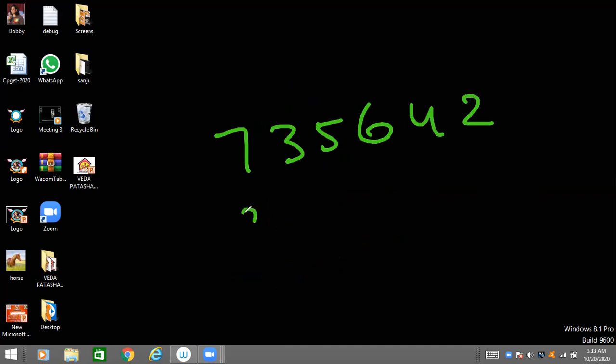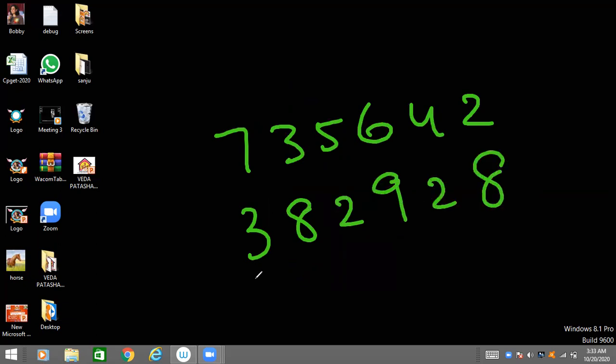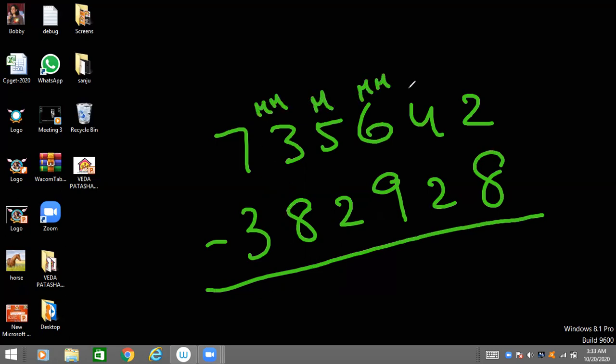You see here 3, 8, 2, 9, 2, 8. For example, if I give like this, 7 minus 3 is 4, but it is a mismatch. It is a match. It is a mismatch. It is a match. And it is a mismatch.